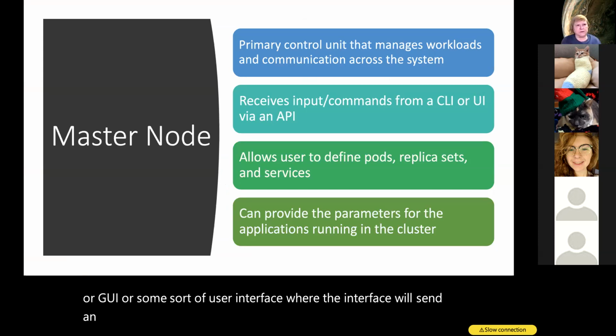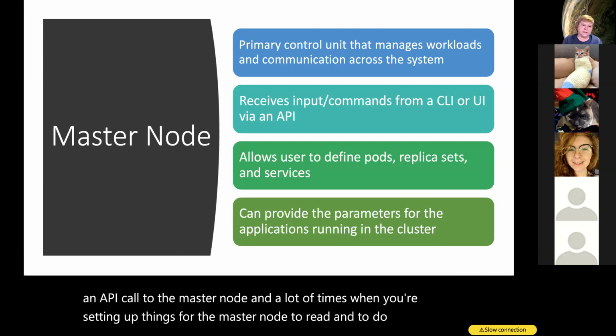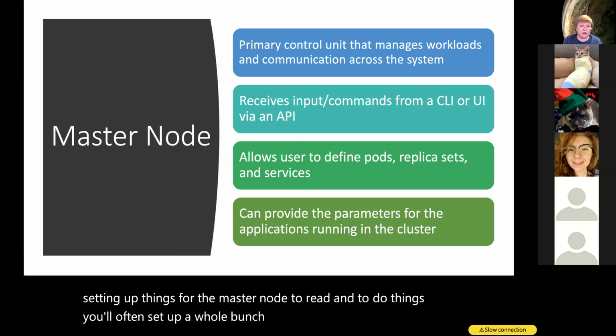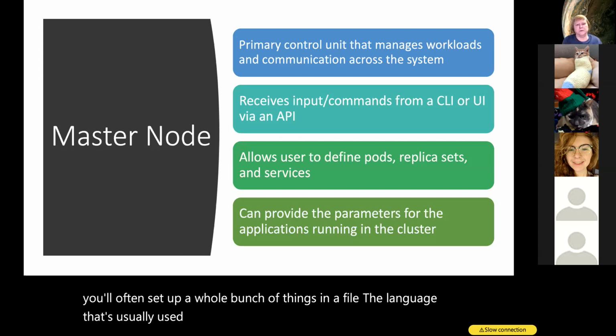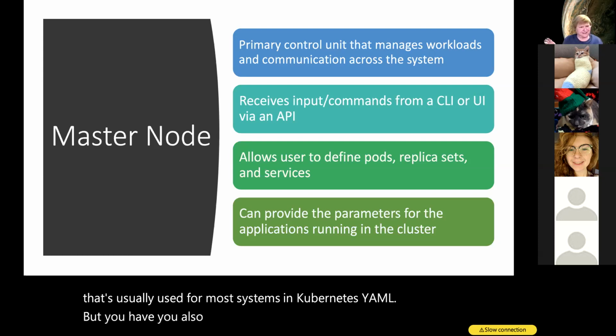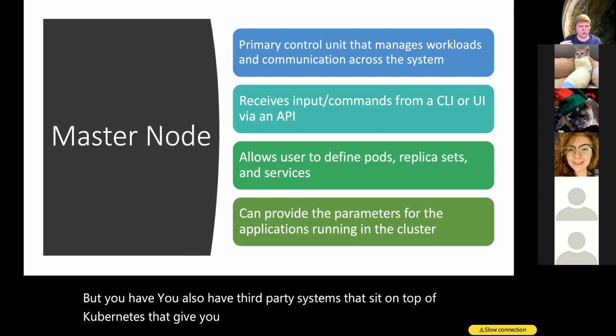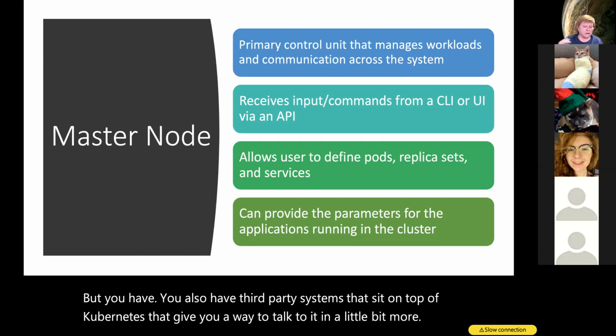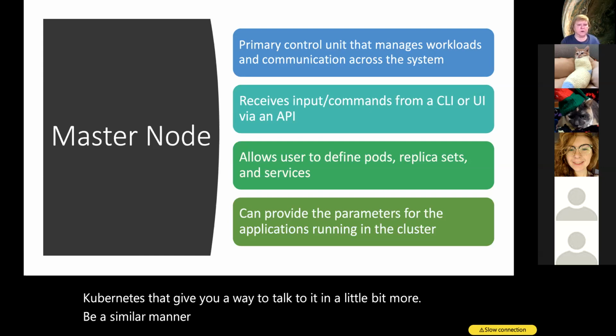A lot of times when you're setting up things for the master node to read and to do things, you'll set up a whole bunch of things in a file. The language usually used for most systems in Kubernetes is YAML, but you also have third-party systems that sit on top of Kubernetes that give you a way to talk to it in a little bit more controlled, maybe a simpler manner than native Kubernetes.